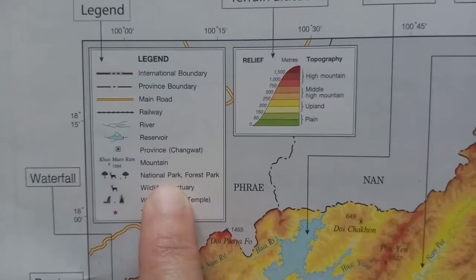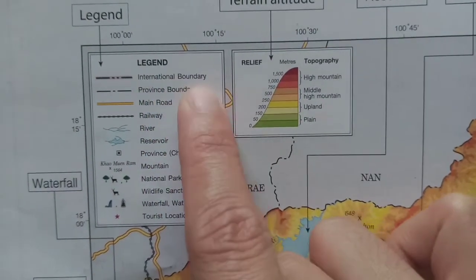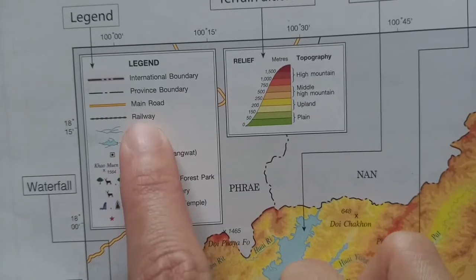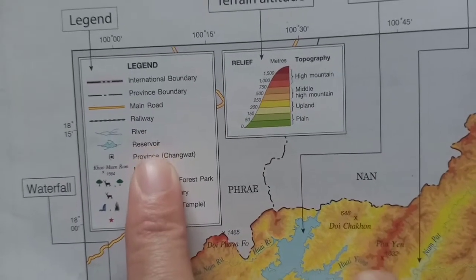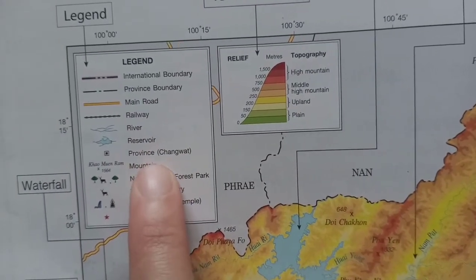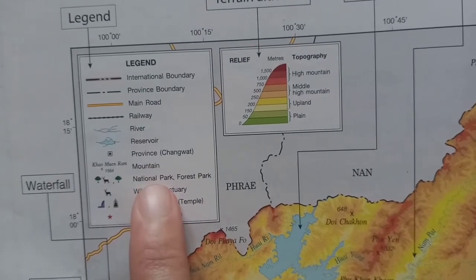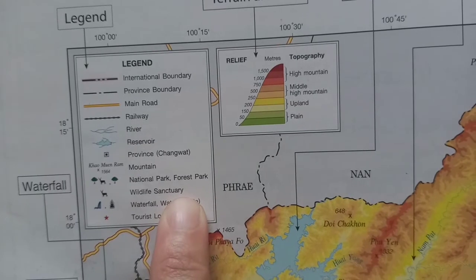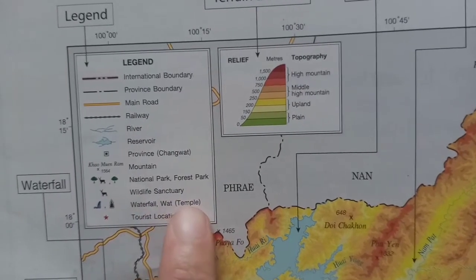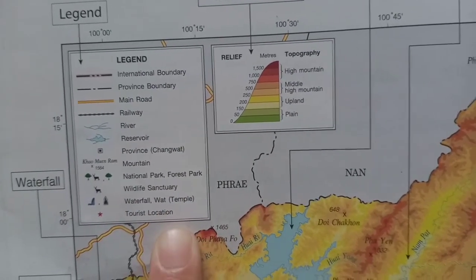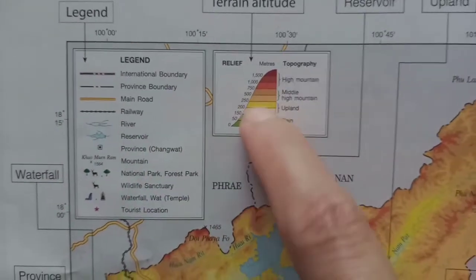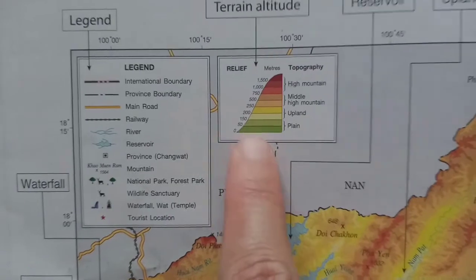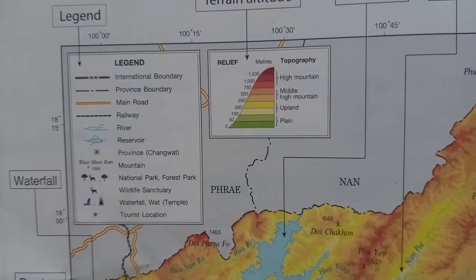Okay, we have international boundary, province boundary, main road, railway, river, reservoir, province, mountains, national park, forest park, wildlife sanctuary, waterfall, and temple, and then the tourist location. And plus this one, we can see the altitude of each place. Altitude means how high the mountains are.